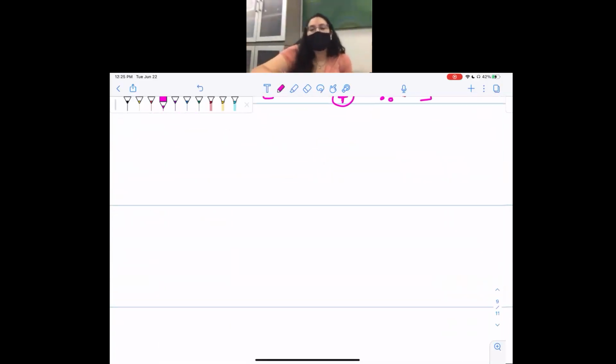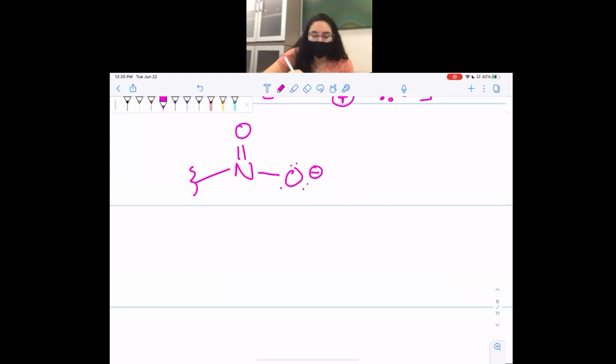Okay, so positive charge basically just means withdrawing, right? And if we look at NO2, we have the N, the O, and the O, right? We know that the negative charge is going to bounce back and forth between these two oxygens, but the nitrogen is always going to be plus.